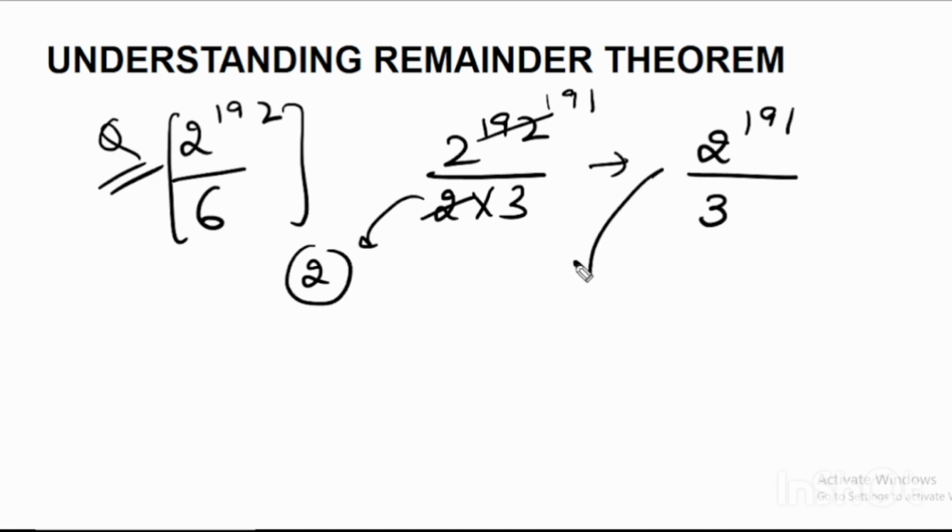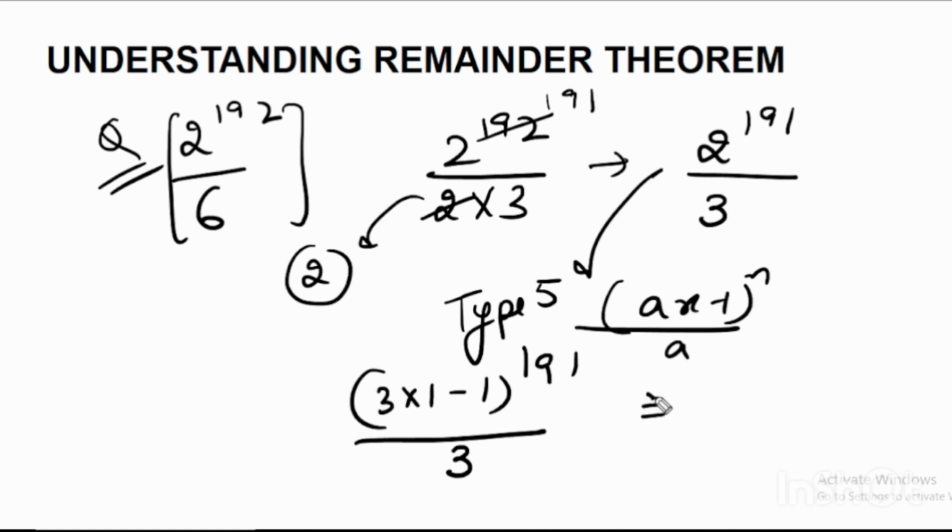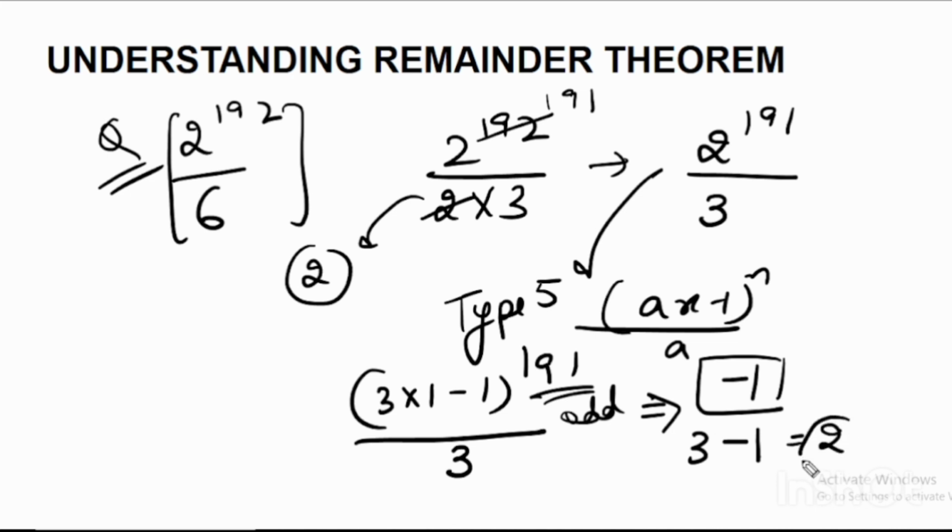Now this can be written by type 5, that is ax minus 1 power n divided by a. So you can write it as (3 into 1 minus 1) power 191 divided by 3. Since n is odd, your remainder of this is minus 1, but since the remainder can never be negative, it is 3 minus 1, that is 2.